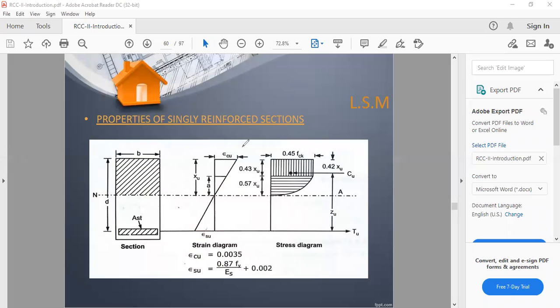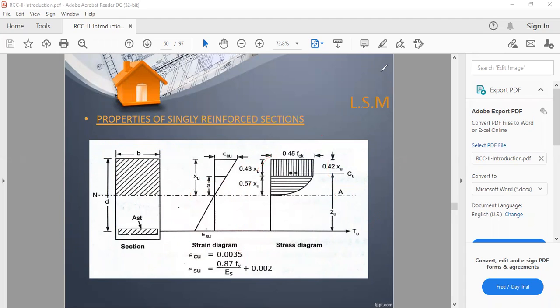And we already went through this. This is basically the cross section, and you have this strain diagram here, while this is the stress diagram, and you have these dimensions. Based on these values and dimensions, maximum value, you have to calculate other parameters. So we will see these things.